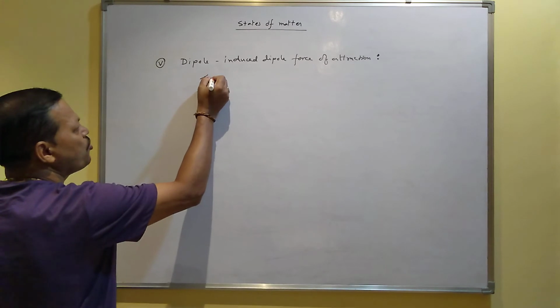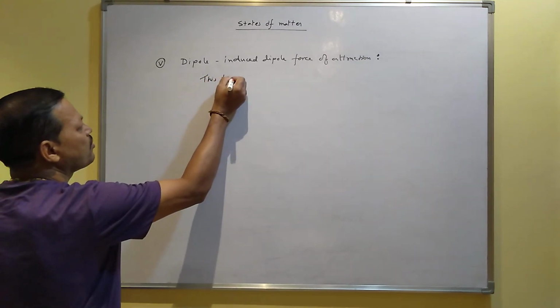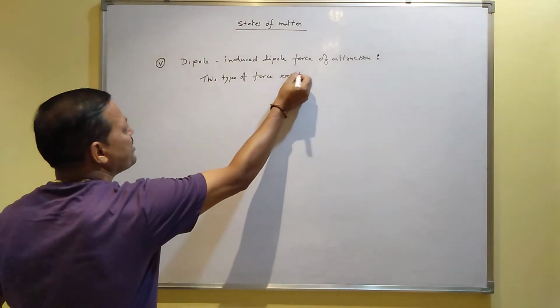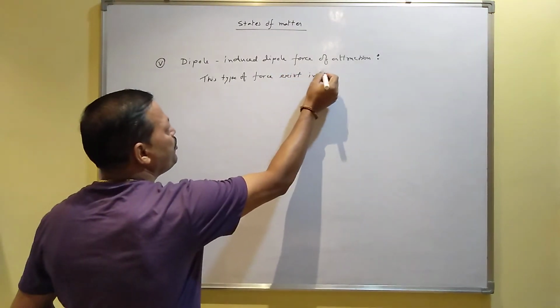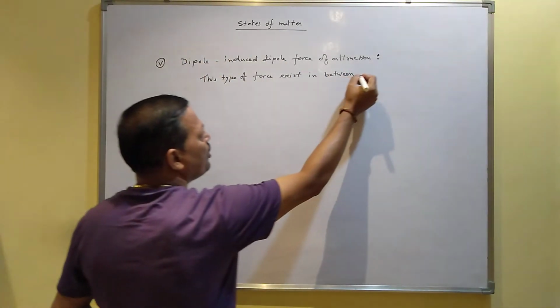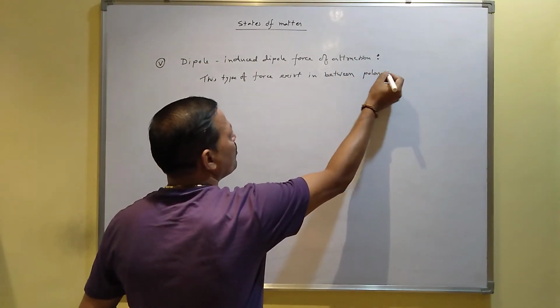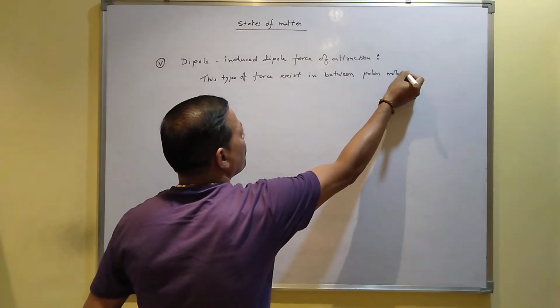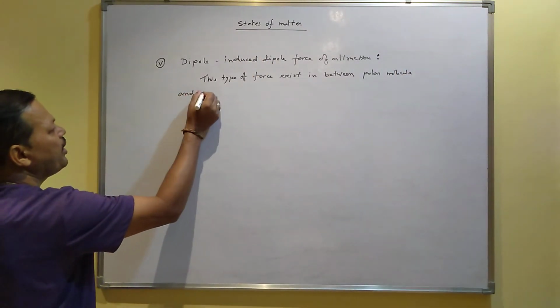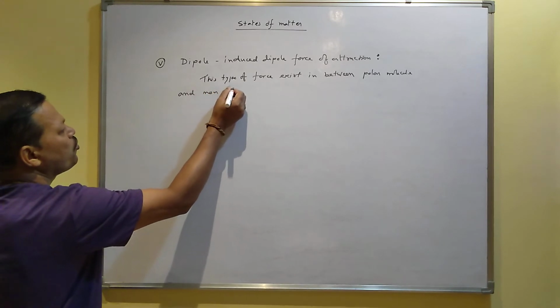Actually, this type of force exists in between a dipole and an induced dipole. Dipole means polar molecule, and induced dipole means non-polar molecule. So it exists between a polar molecule and a non-polar molecule.